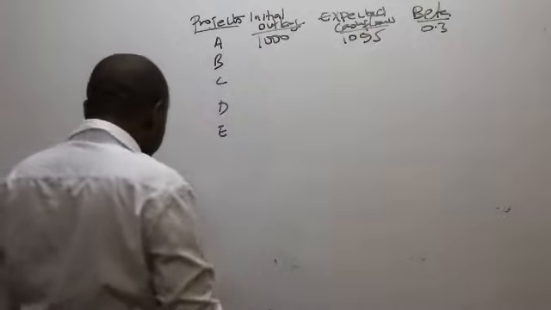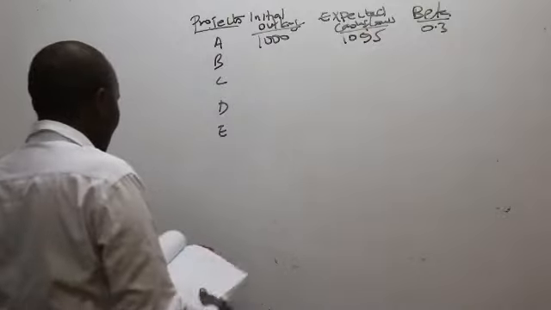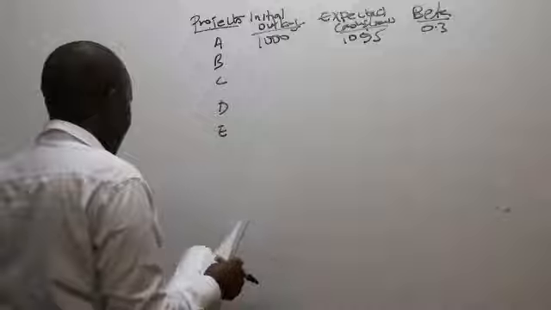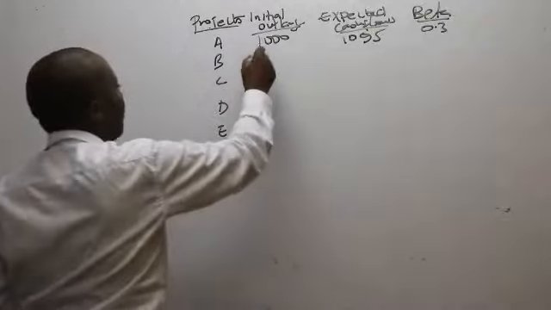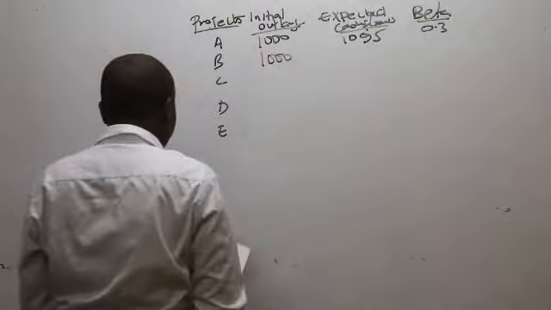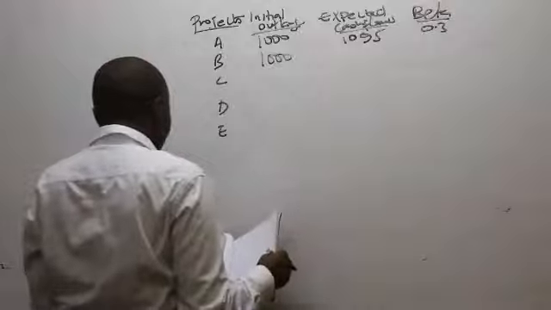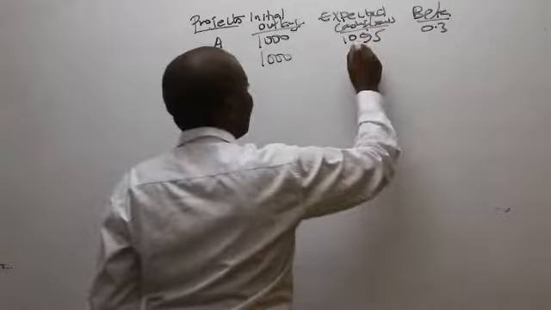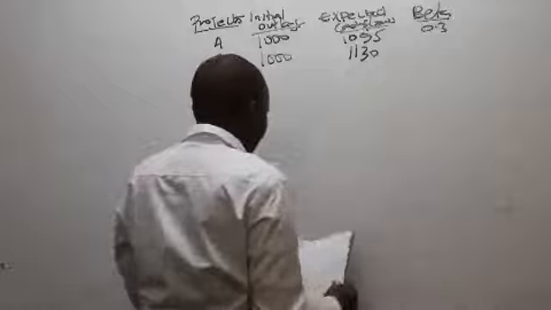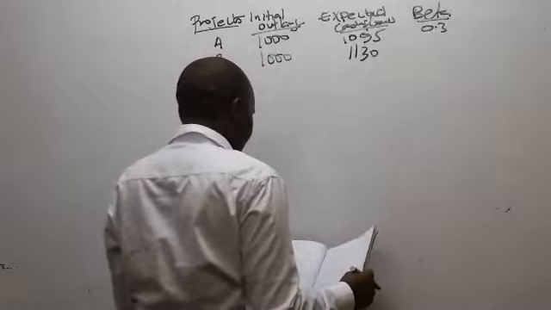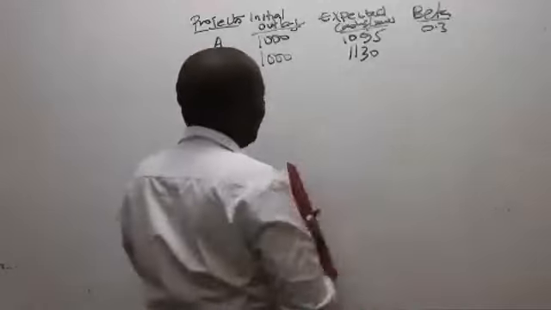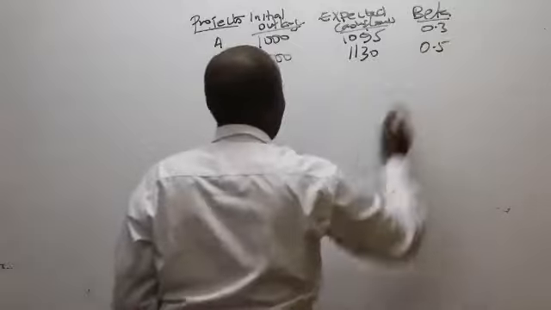So that is A. After that, we go to B. Again, they have given me 1,000, 1,130, and then we have 0.5.